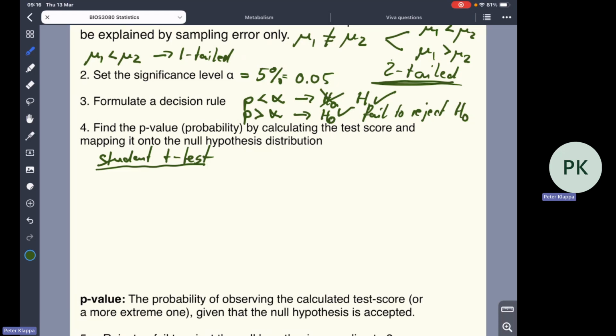Gossett came up with what he called a T test. He was not very imaginative. This T test, as it was called then.